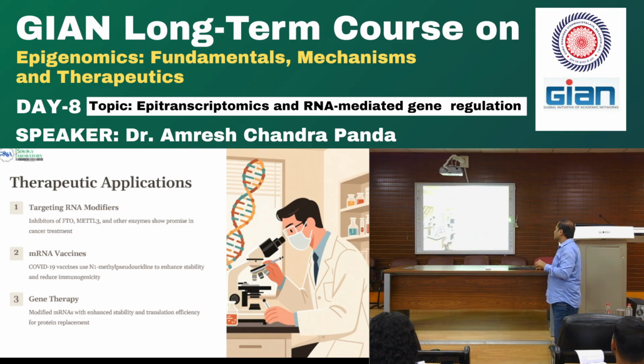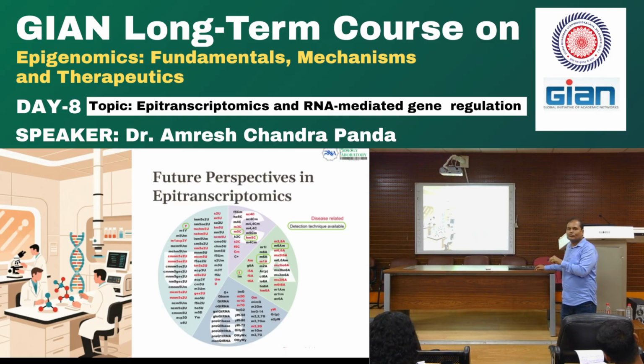And in the future, as I said, only a few we know by sequencing, or we have methods for their detection, and the others need to be discovered, and how they are playing a role also needs to be studied.